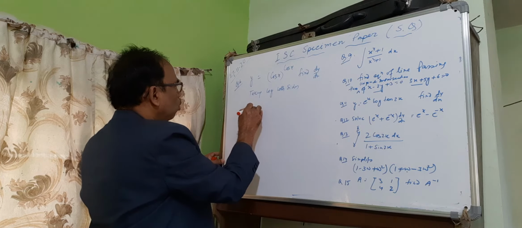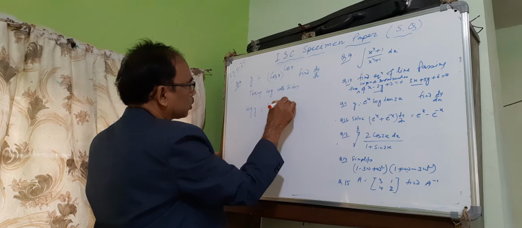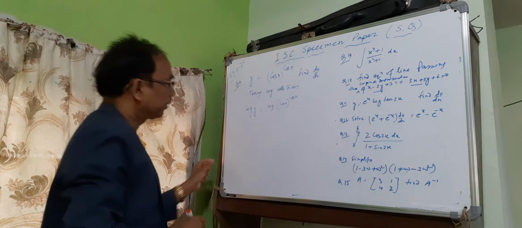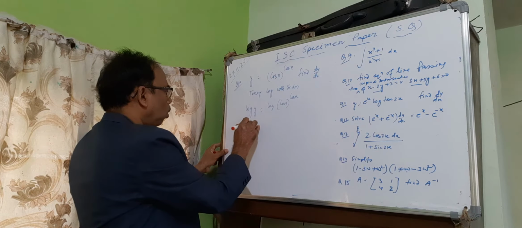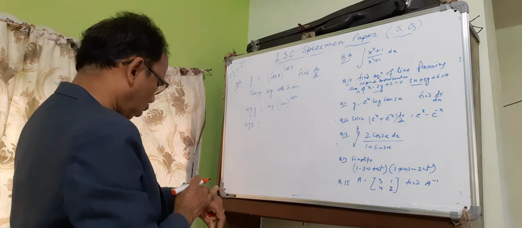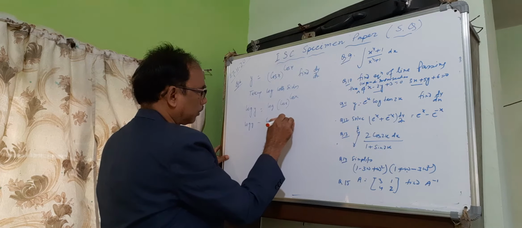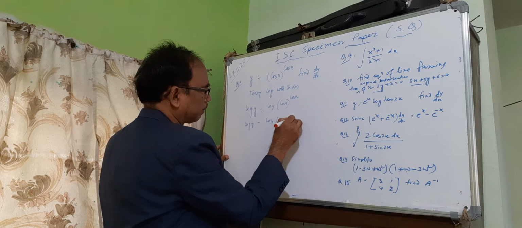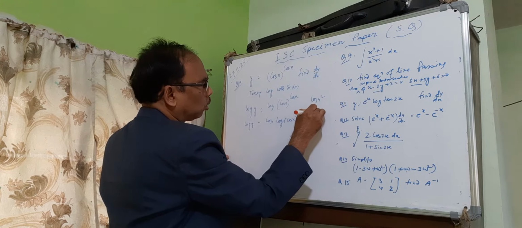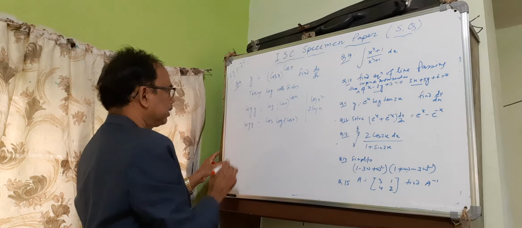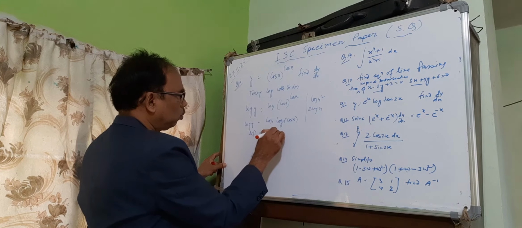Then log y equals log of (cos x) to the power cos x. Now we know the power will come first, so log y equals cos x log cos x. Now differentiating with respect to x.